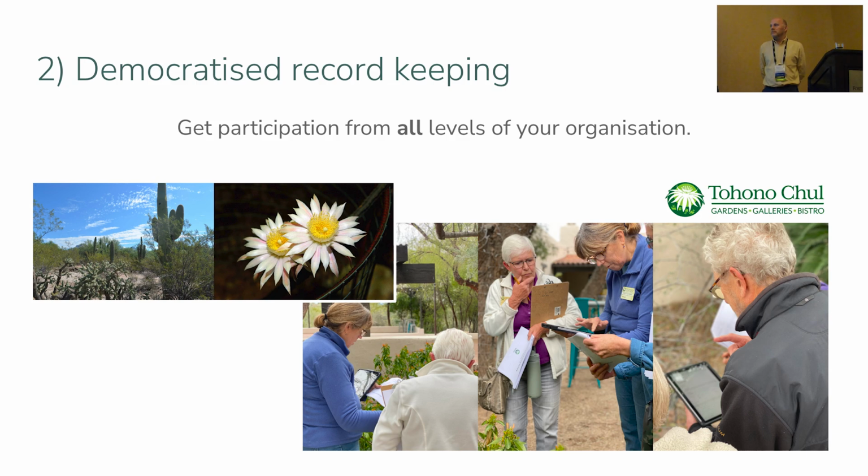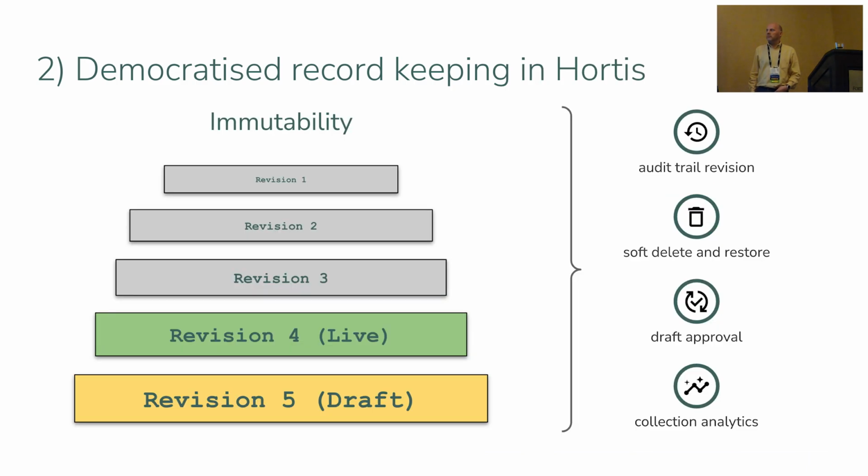Another thing related to that that we think is very important in this area is that in Hortis we have a full audit log. As part of that democratization, we want to make it transparent for you as gardeners to know what changes have occurred to your collection records.